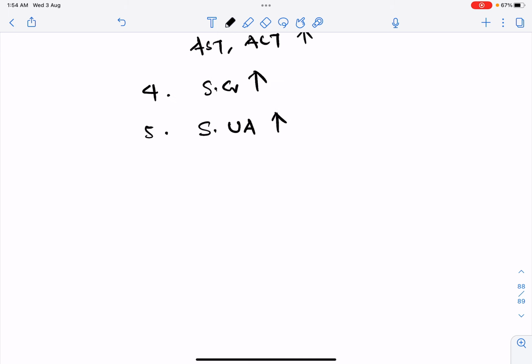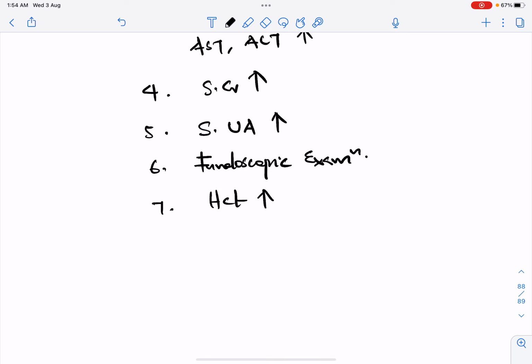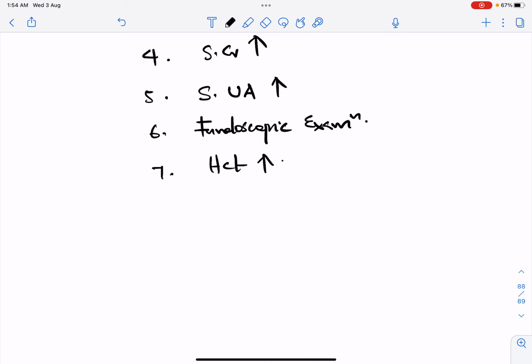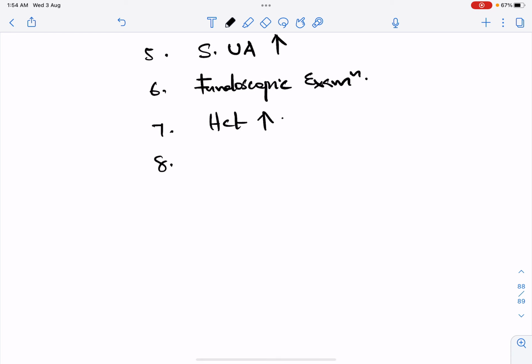If possible, you can do a fundoscopic examination to examine the retina. Hematocrit may be elevated, and you can do a coagulation profile also. Okay, these are the investigations done in the mother.